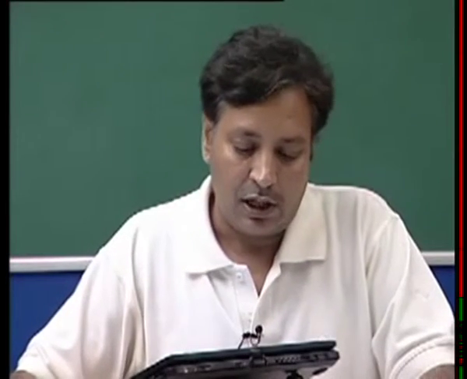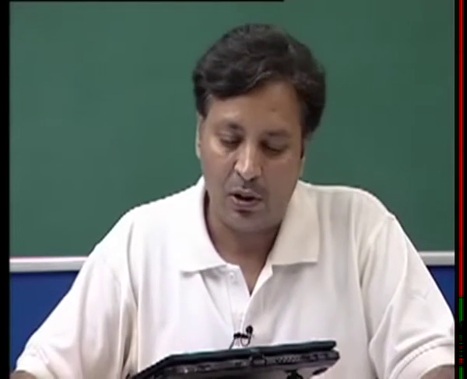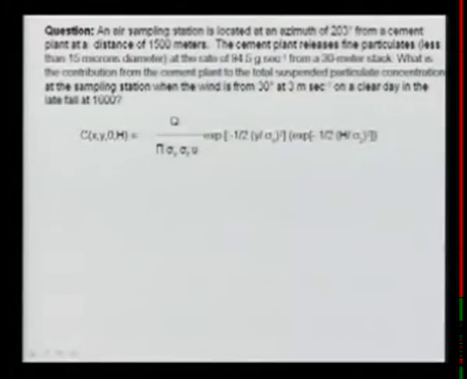The question is, an air sampling station is located at an azimuth, I will explain to you what is the meaning of azimuth, of 203 degrees from a cement plant, at a distance of 1500 meter. The cement plant releases fine particulates, of diameter less than 15 micron, at an emission rate of 94.5 grams per second from a 30 meter stack.